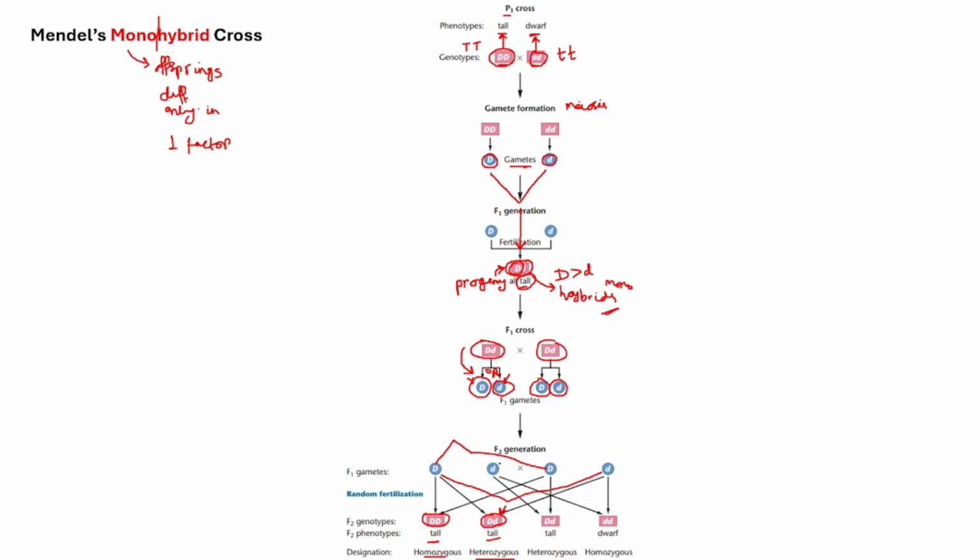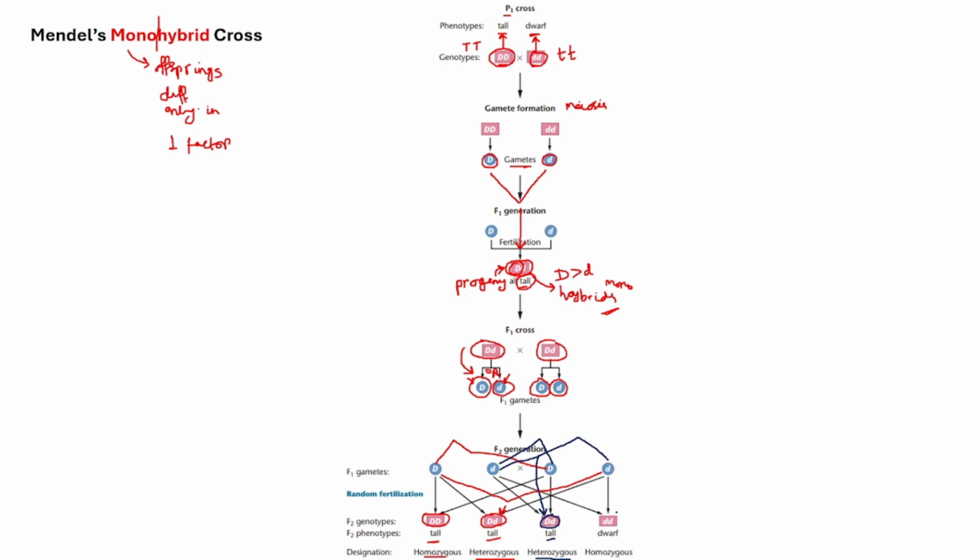So this small d could unite with this capital D. So in that case, you will again get a progeny with the genotype capital D small d, and the phenotype will be tall because capital D is dominant over small d, and it will be heterozygous because two different alleles are there. And this small d could unite with this small d also.